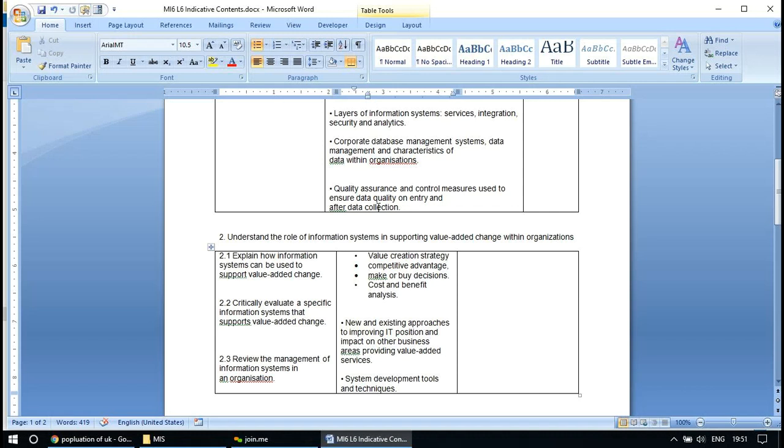So overall, there isn't a specific topic or answer to this, where we simply find the IT systems which provide the value added.